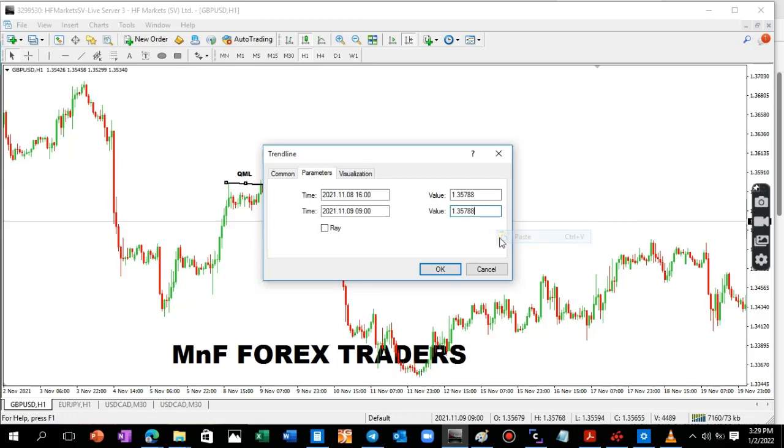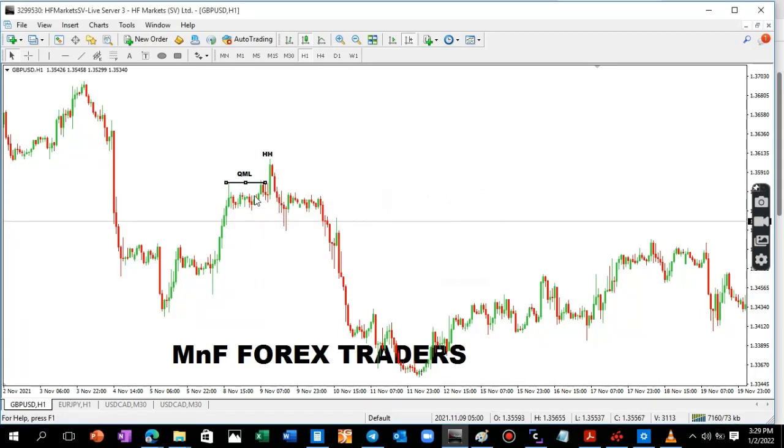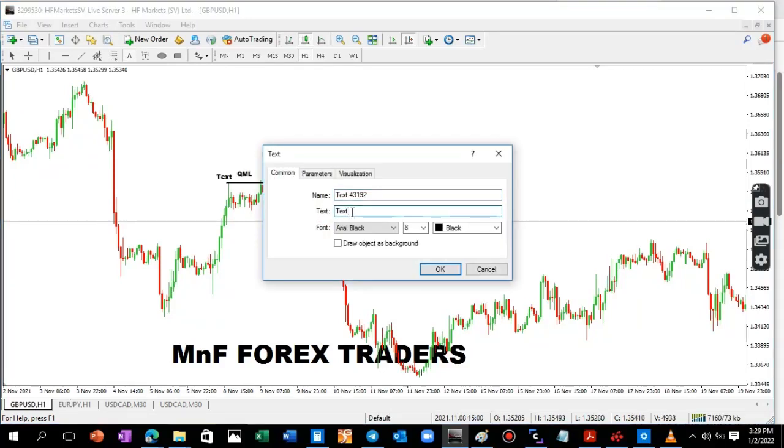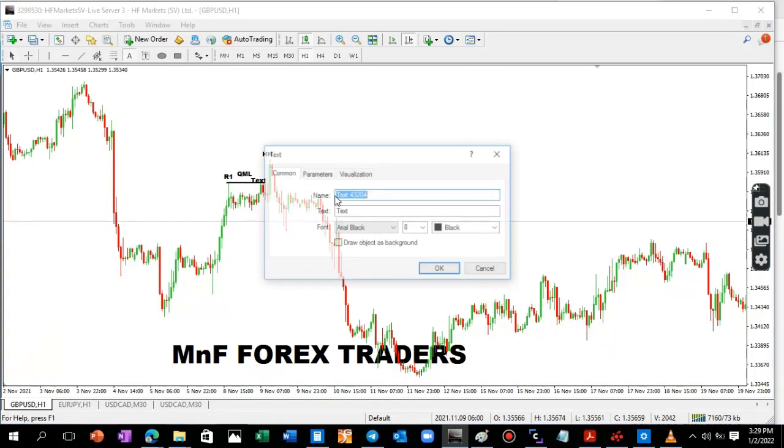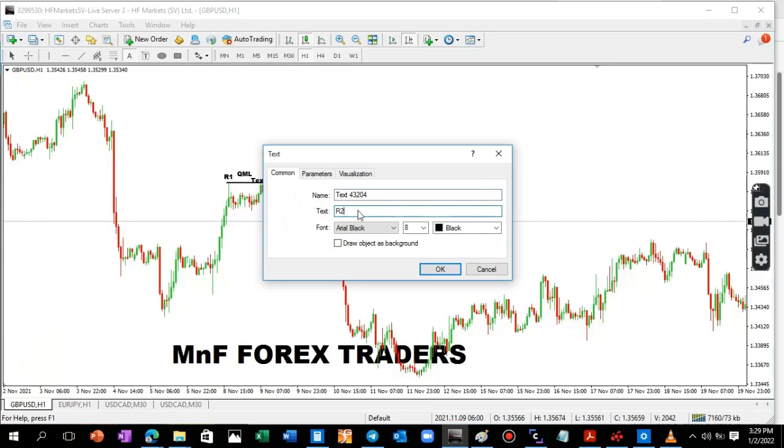So these are the kind of QML setups that you want to be focusing on, the ones that give you a dual resistance. Then this is my second resistance there.